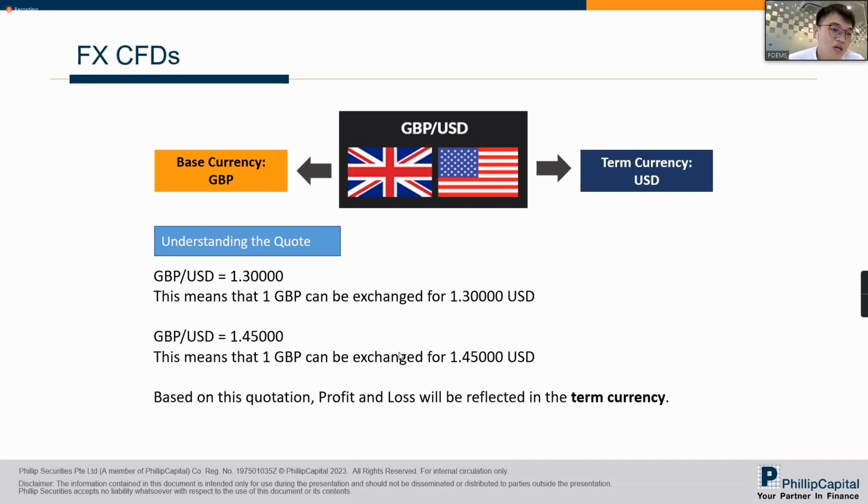Based on this quotation, profit and loss will be reflected in the terms currency. So remember, whatever the currency is behind, it is the terms currency. When you trade GBP in this example, the terms currency is US dollar, which will show in the settlement currency, the profit and loss.